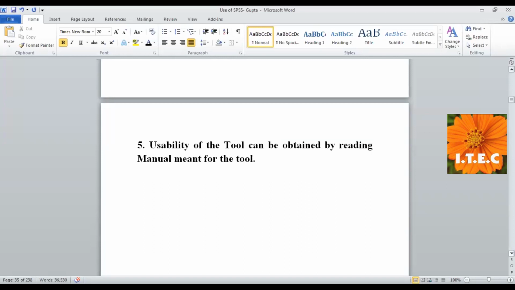So you should read the manual to find out how he has defined the intelligence, how many items are there, how much time is to be given to the person to answer the questions given there, what is the reliability, what is the validity, how the scoring is to be done. All this information you will find in the manual.